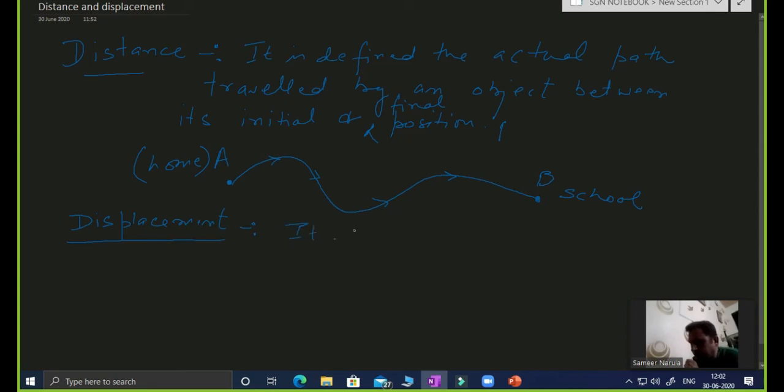It is defined as the shortest distance or the shortest path traveled by the object between its initial and final position.